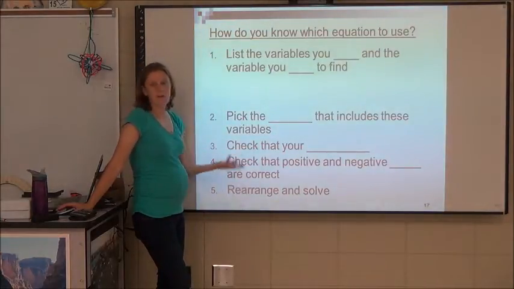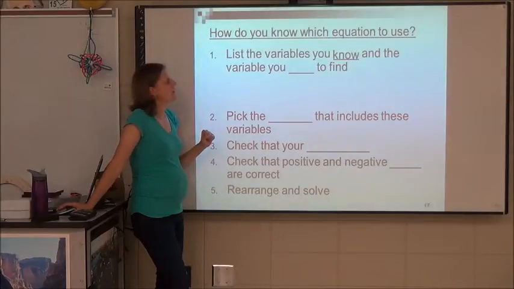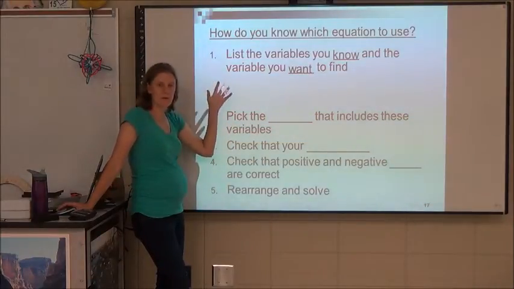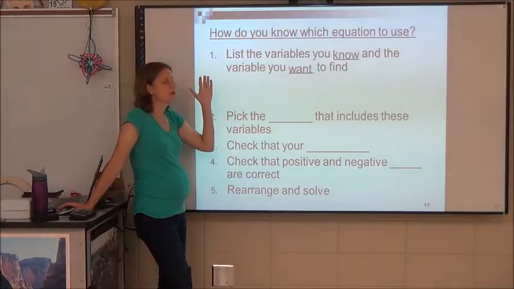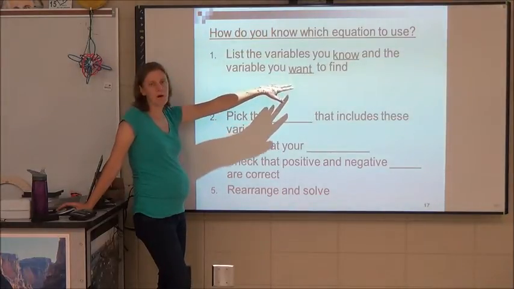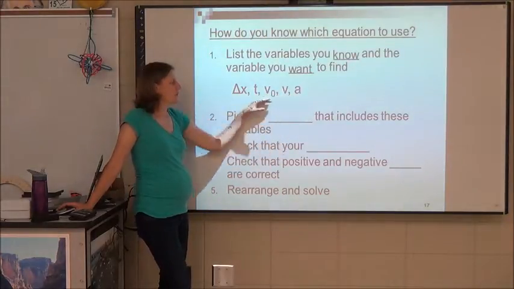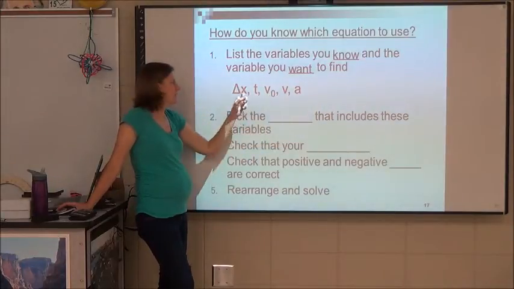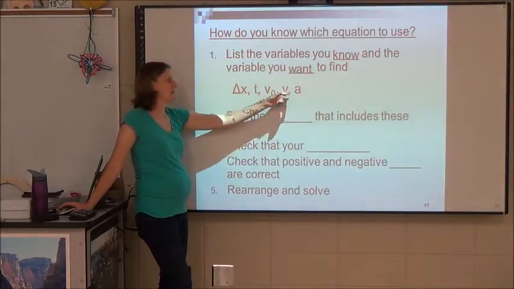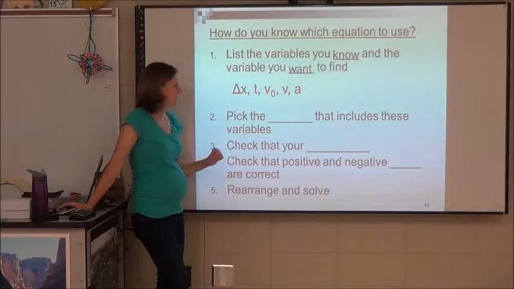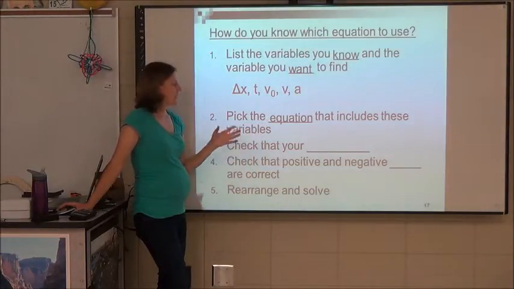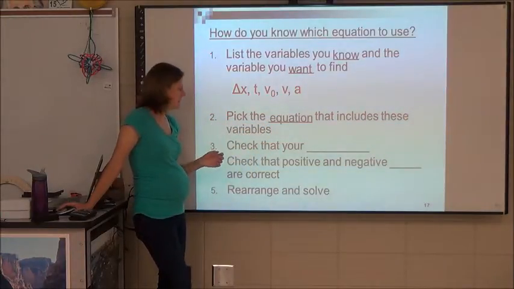Okay, so we had all those equations. How do you know which one to use? Well, like we sort of started doing already, when you're given a word problem, list what you know and list what you want. These are going to be the variables that pertain to the kinematics: displacement, time, initial velocity, final velocity, acceleration. And just pick the equation that has those variables in it.